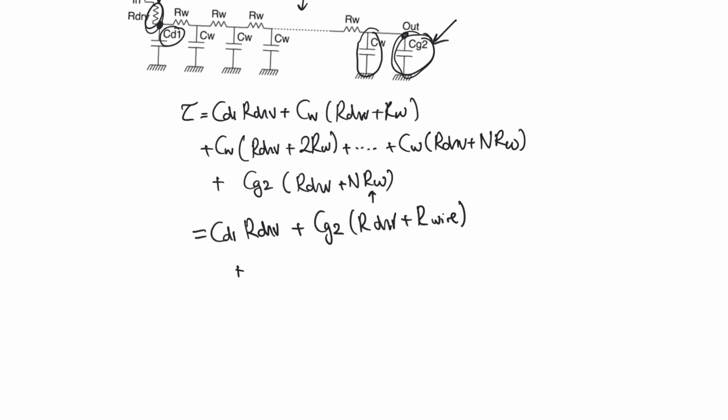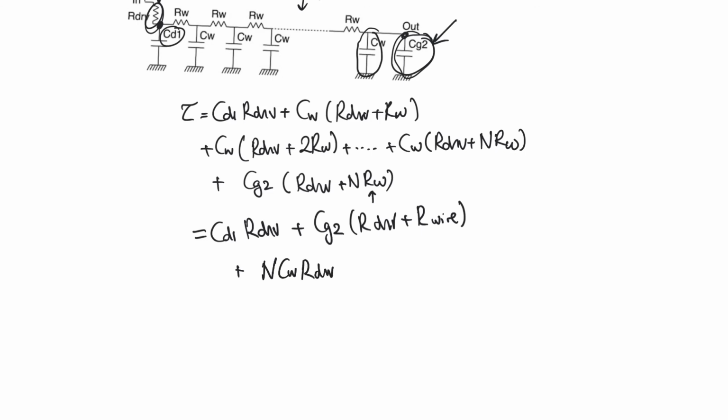And then we're going to have terms that are related to the wire itself, to the capacitance of the wire itself, rather than to the load capacitances from the two inverters. And so we're going to have CW into R drive repeated n times, and so we have n CW into R drive.